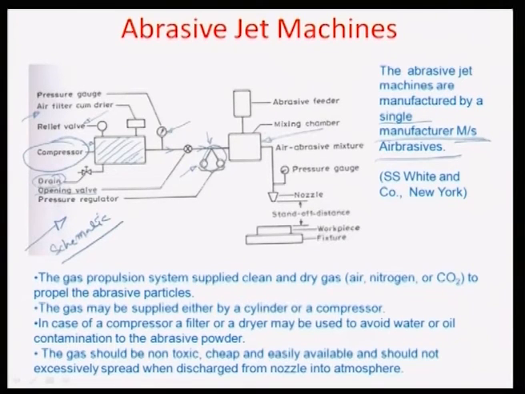So the chamber contains an abrasive feeder, as you can see here, which downpours the abrasive material onto the air at the pressure which has been regulated by means of these manual valves, and the air abrasive mixture is really created within this particular chamber, as you can see, and is fed into the nozzle in this direction.